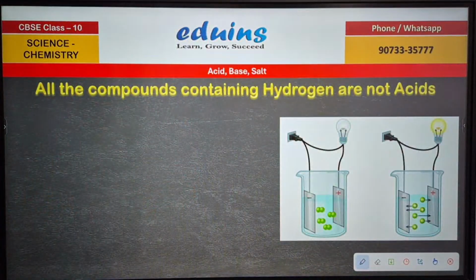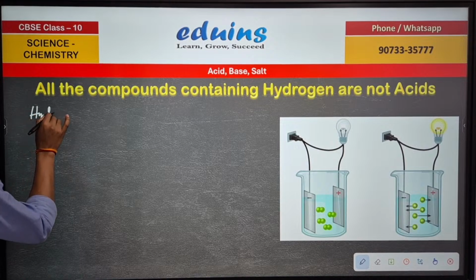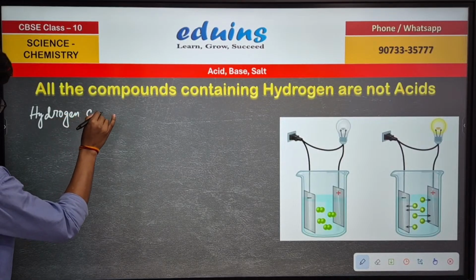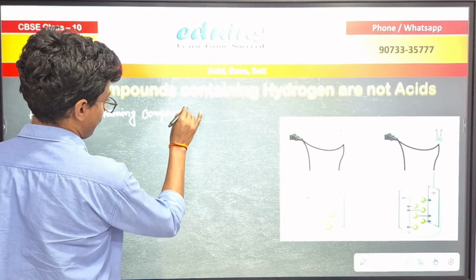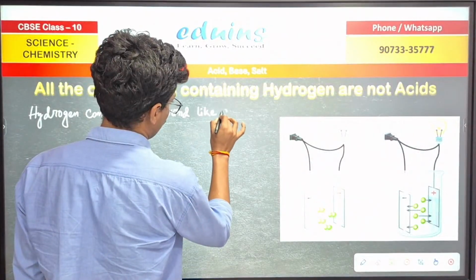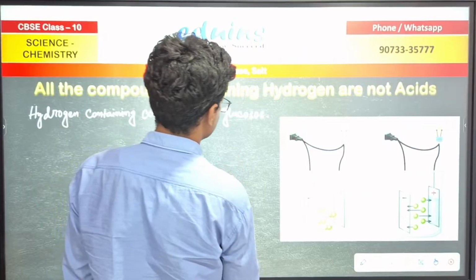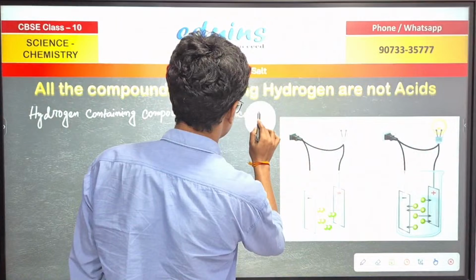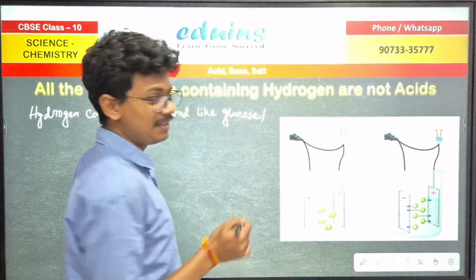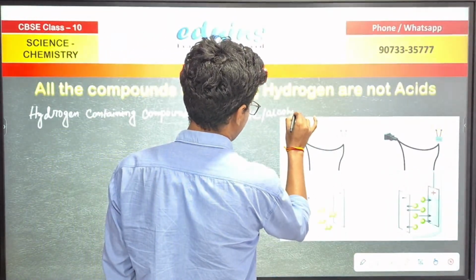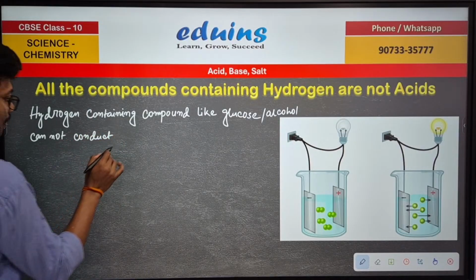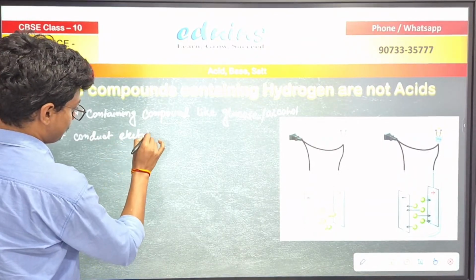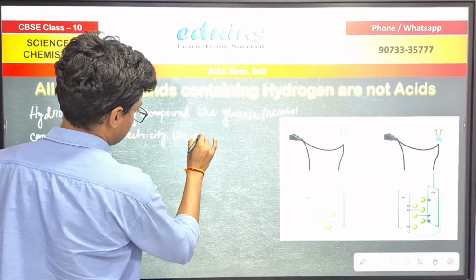चलिए, so from this experiment we can conclude that the hydrogen containing compound like glucose, or it may be your alcohol, cannot conduct electricity like acids.